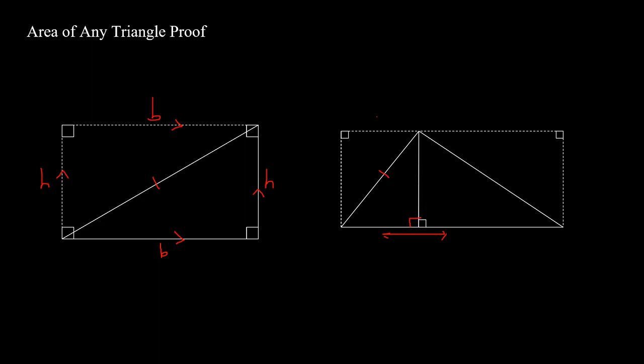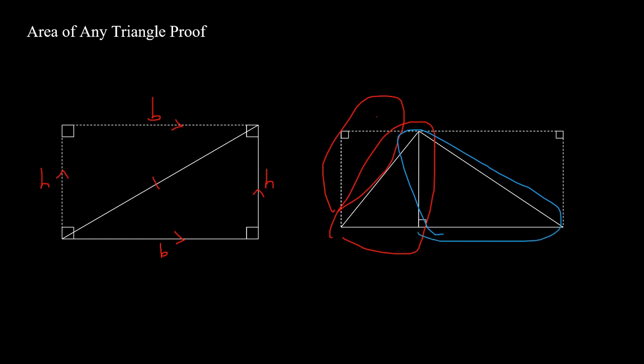all of these triangles essentially, we know that, I'll just draw the congruencies right now. We know that this triangle and this triangle are congruent, and we know that this triangle and this triangle are congruent.